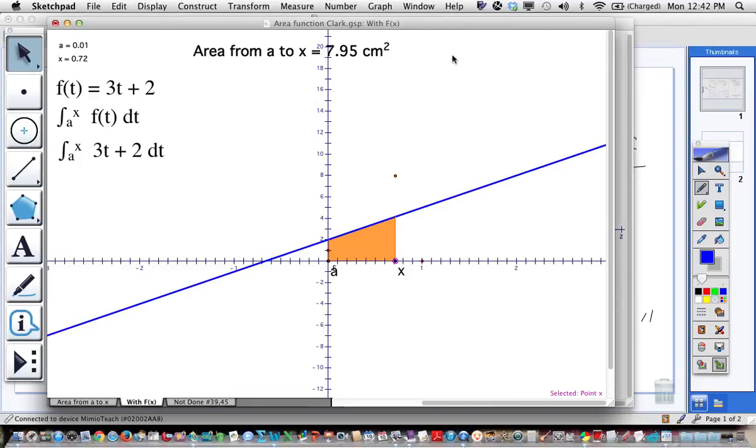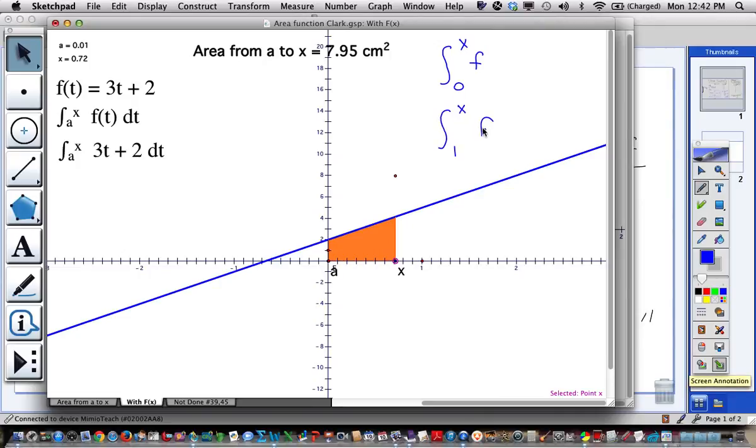All right, so let's say we had the integral from 0 to x of little f, and we had the integral from 1 to x of little f. All right, so tell me what you think about those two.